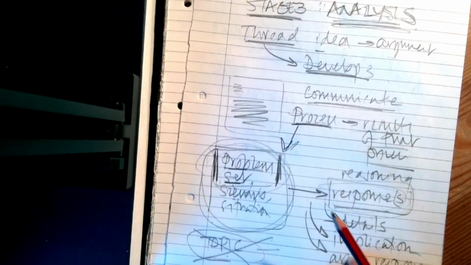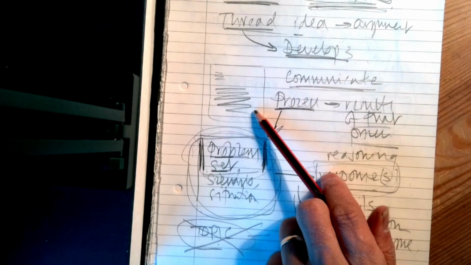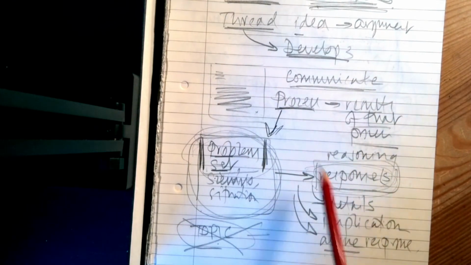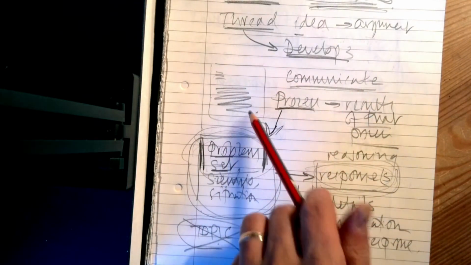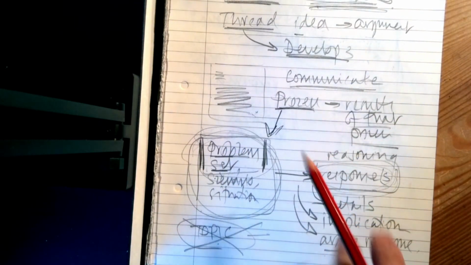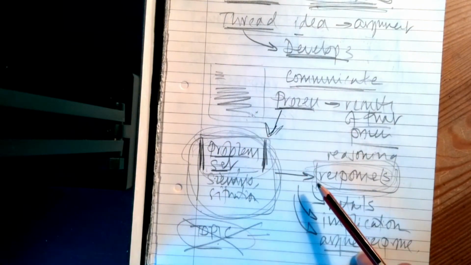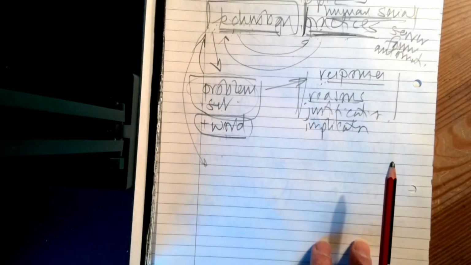So when you're analyzing the article, you should ask yourself the question, does the article define the problem set, or does it assume a problem and then go on to discuss the response that it's going to describe and analyze for you, right? If it doesn't, then there's a potential weakness in the article, because if it simply assumes stuff, you should spot what it's assuming and whether that's justified.